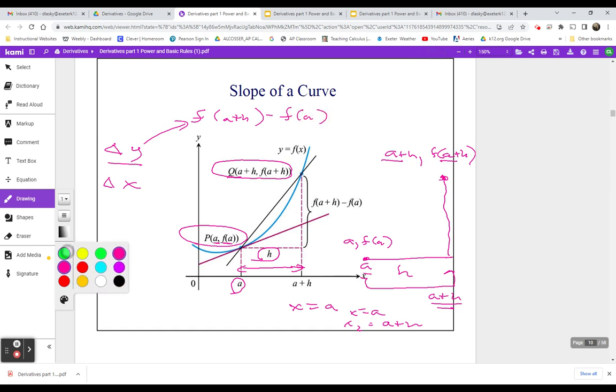I got those two from my y values here. And that's going to be over my change in x. What are my x's? I have a and a plus h.